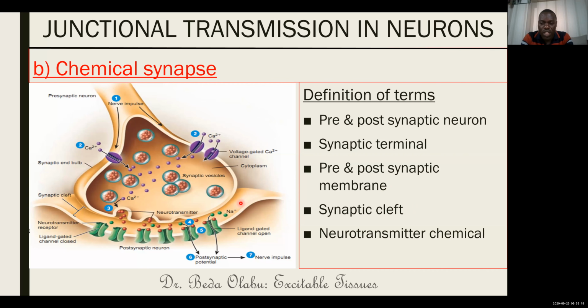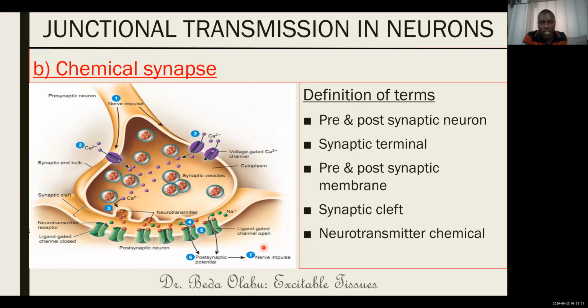Then there is what we call the neurotransmitter. The neurotransmitter is a chemical that facilitates signal transmission from one cell to another. Now, if you're using the term neurotransmitter, then it means that the cells producing that chemical must be neurons, and the ones receiving it also must be neurons.